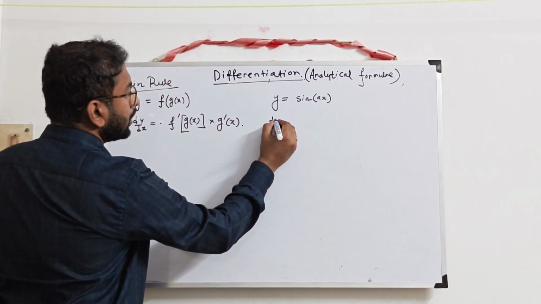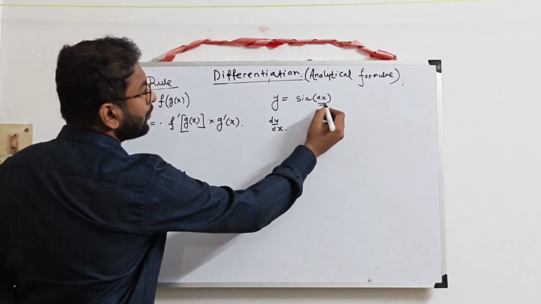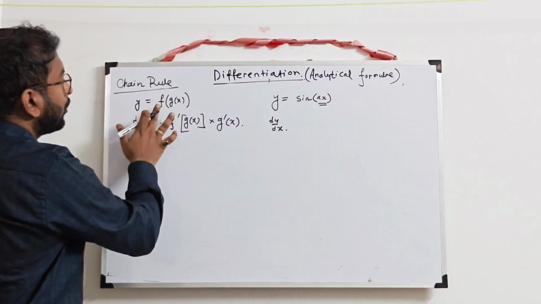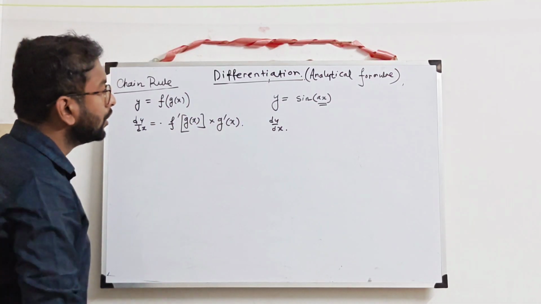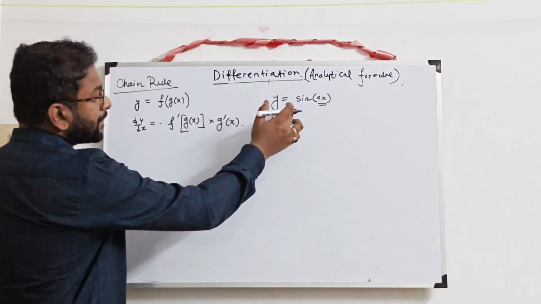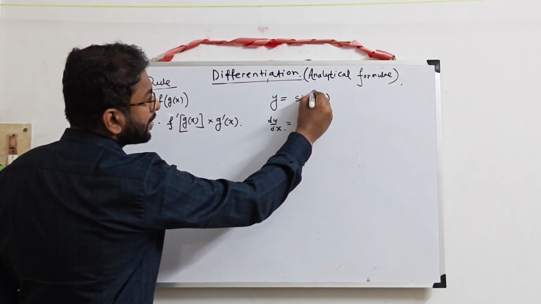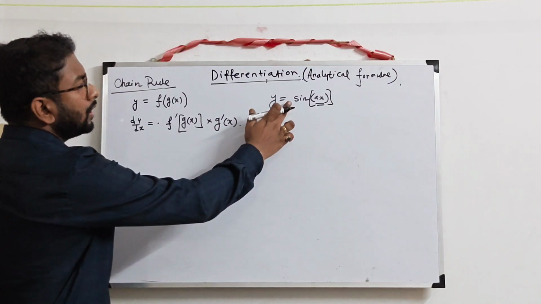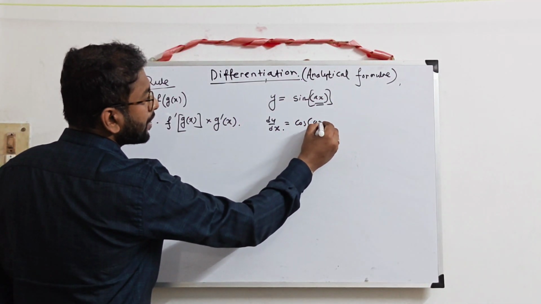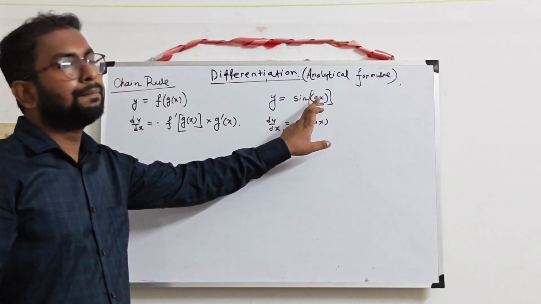See, ax is also a function of x and sine is also a function of x. So we can write it in the form of f of g of x. So dy dx is going to be, first you will differentiate the outer function. Sine x, just consider this as x. Sine x differentiation is cos x. But see, inside, something is multiplied with x.